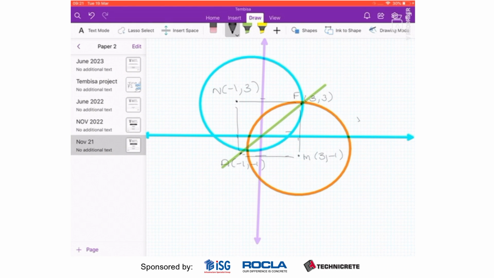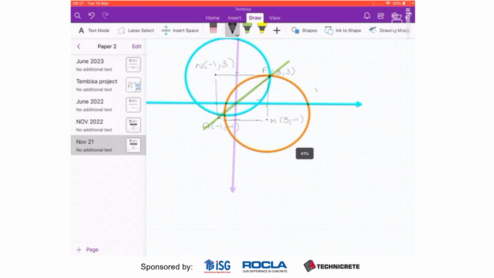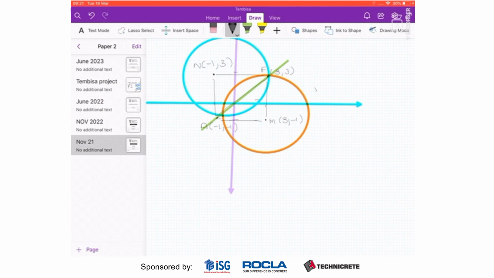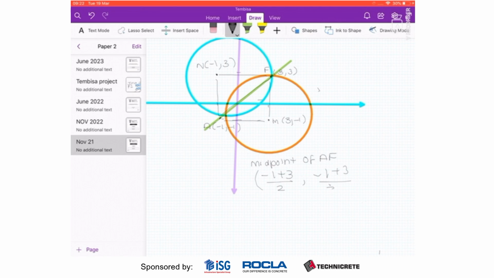And the question asks us to find the midpoint of AF, which is very easy to do because we have the coordinates of both. So midpoint of AF, midpoint formula, so -1 plus 3 over 2, my y value -1 plus 3 over 2 is going to be positive 1.